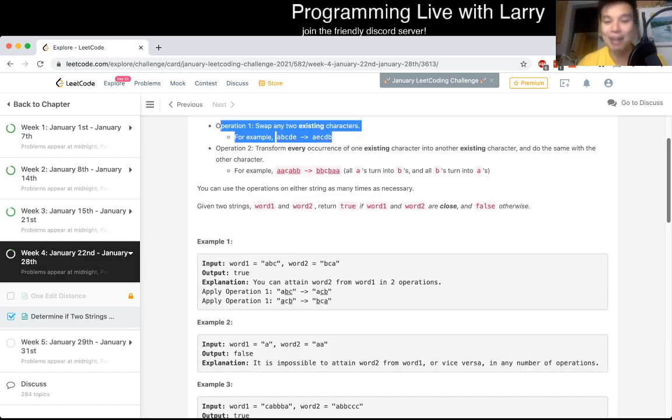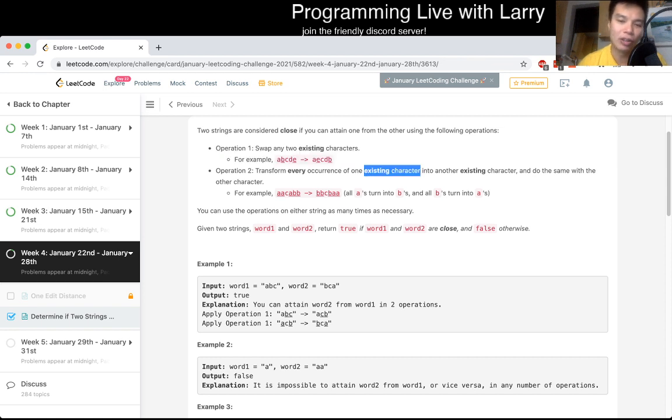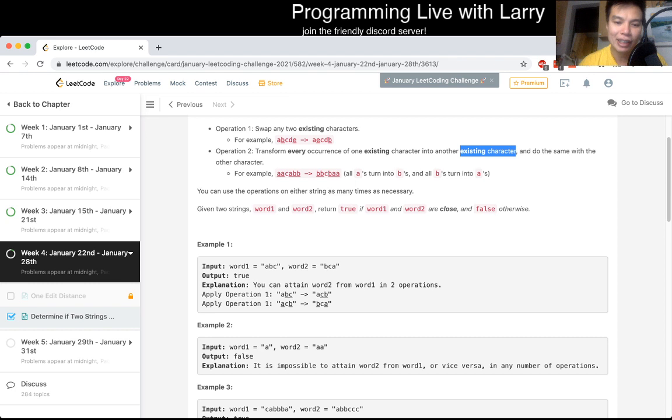I read it correctly, but I just didn't understand it, which was that they had to do it from an existing character to another existing character. And so the way that this is true is if all the characters that are in word 1 are the same characters as in word 2, because if they aren't, then you have other characters, and the frequency maps may map to different characters.